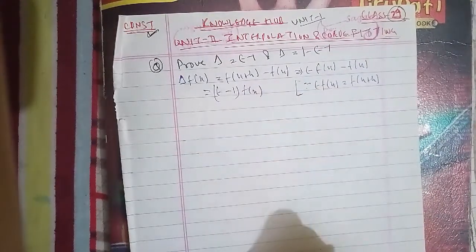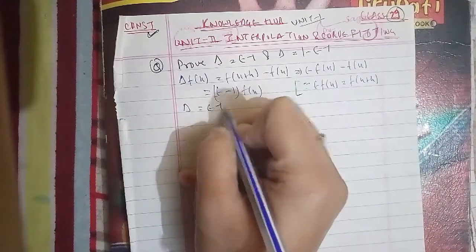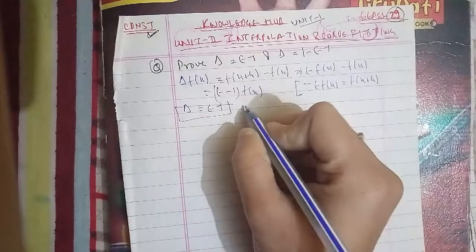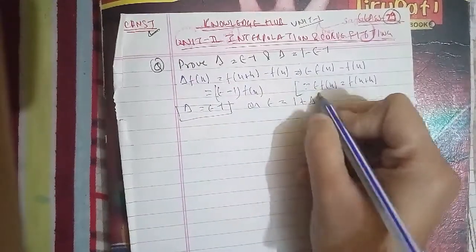So comparing the operator of f(x) on both sides, we get delta equals E minus 1, or E equals 1 plus delta.